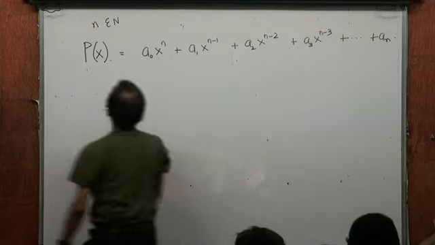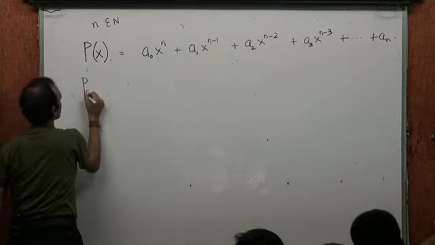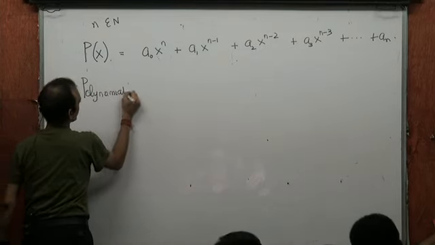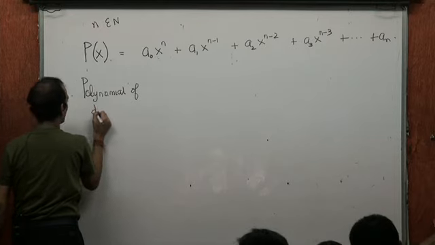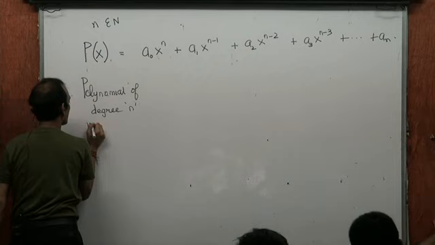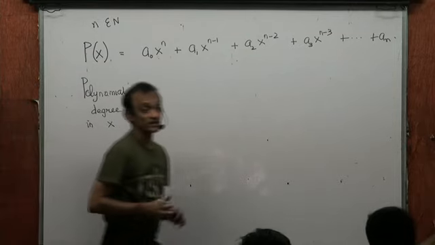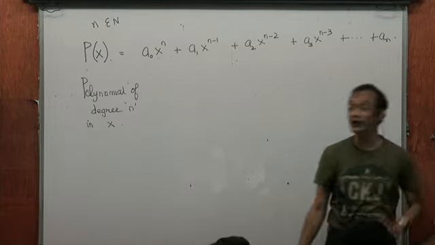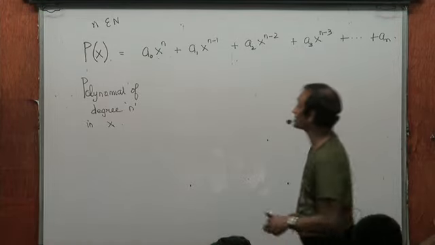This is a polynomial of degree n in x. The highest power of x here is n.